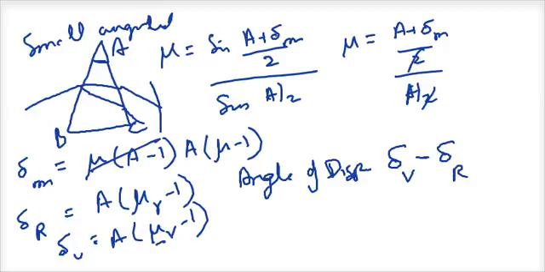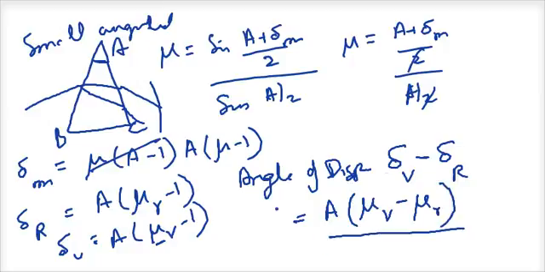Because I know that mu violet is more, so its deviation will be more, and mu red is less, so its deviation will be less. So the angle of dispersion is equal to A into (mu violet minus mu red). This is called the angle of dispersion.